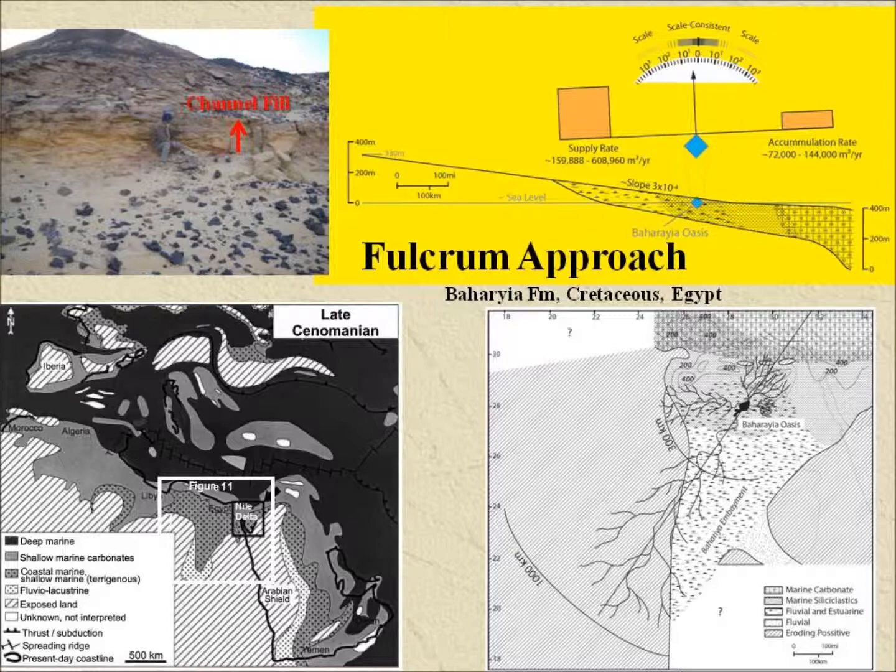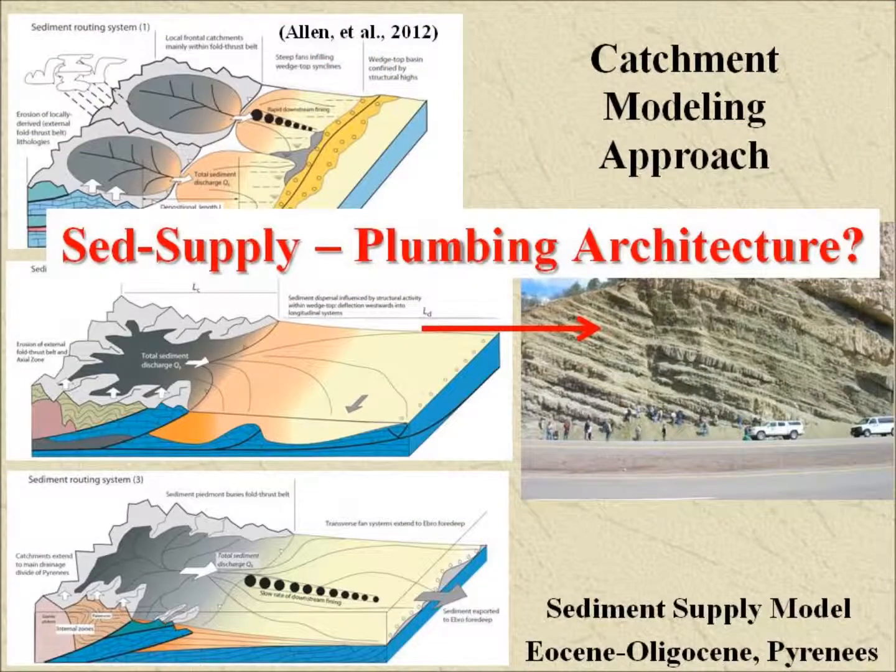A couple approaches that we take. One of them is the fulcrum approach. I didn't print, so this is mine in press. But this idea says we got a drainage, we got a basin out in here, and somewhere in there you're taking a cross section. You're looking at the sizes of the channels, and you're looking at the grain characteristics, and you're trying to inverse model the entire sediment transport regime to try to get at some idea of the size and amount of sediment these rivers would carry as a measure of what's coming to the catchment, but also what's clearing this area and going on out into the basin.